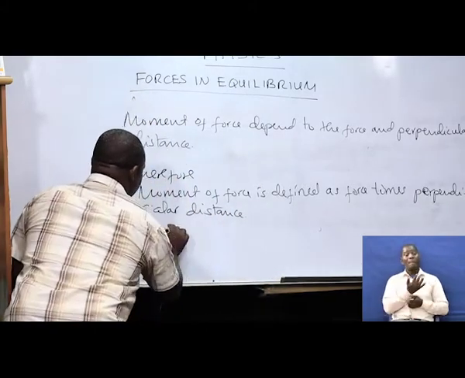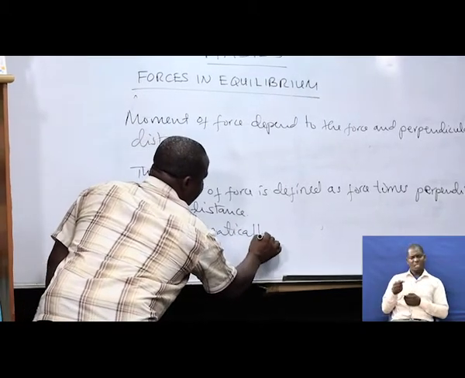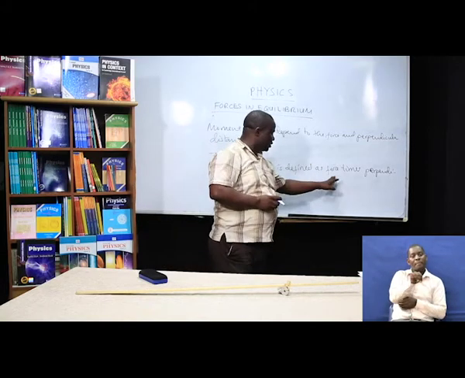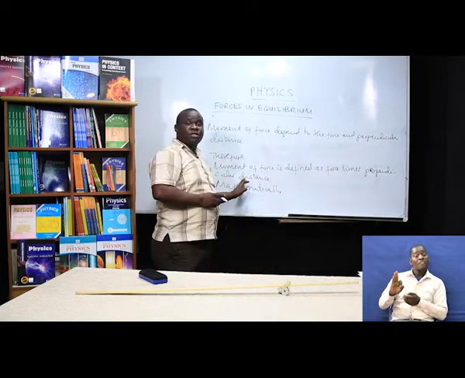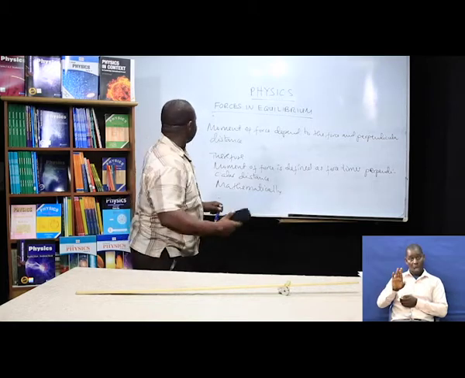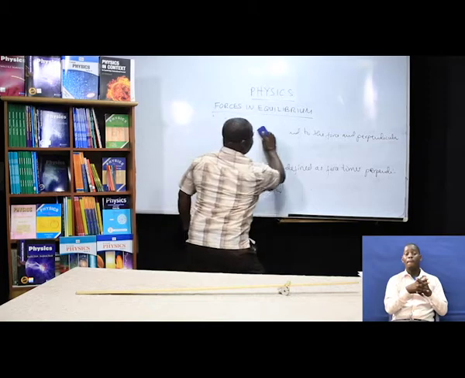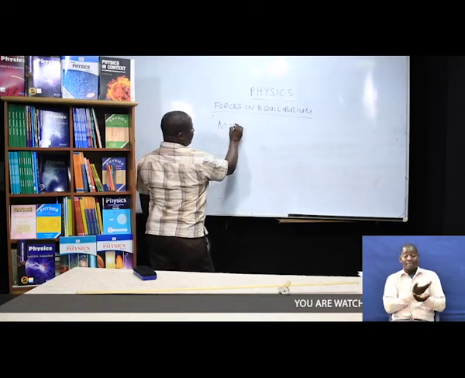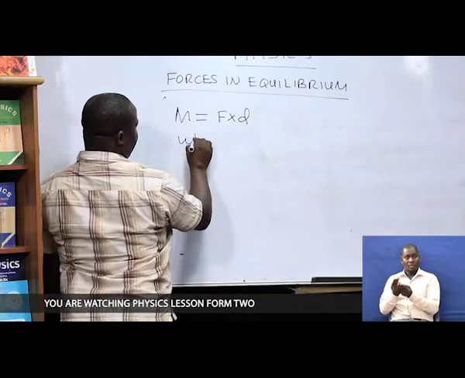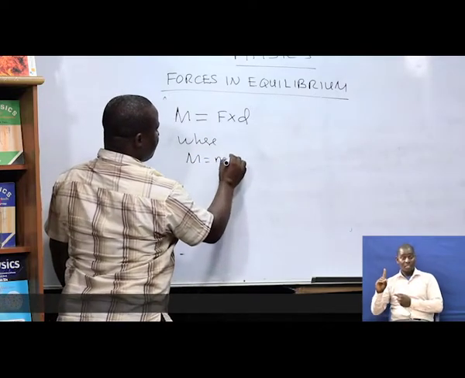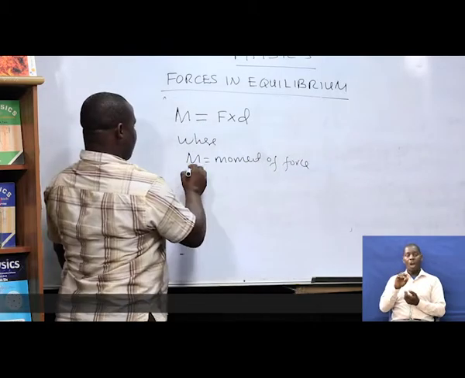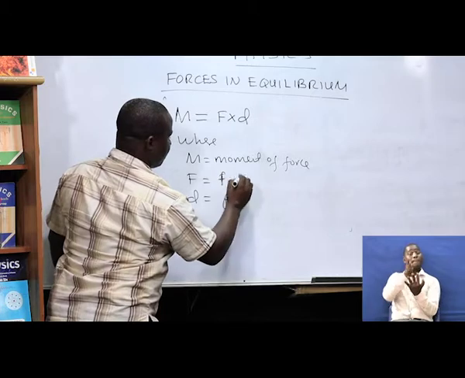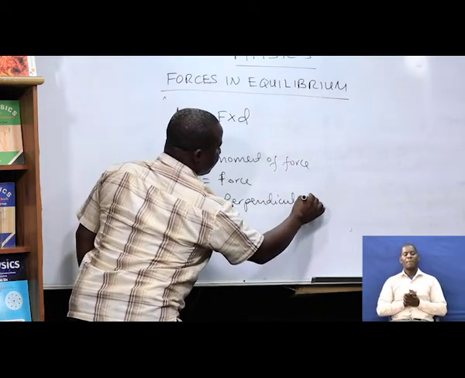Mathematically, this can be represented as follows: if you wish to assign moment of force the symbol M, force the symbol F, and perpendicular distance the symbol D, we can write M equals force times perpendicular distance, where M is the moment of force, F equals force, and D equals perpendicular distance.